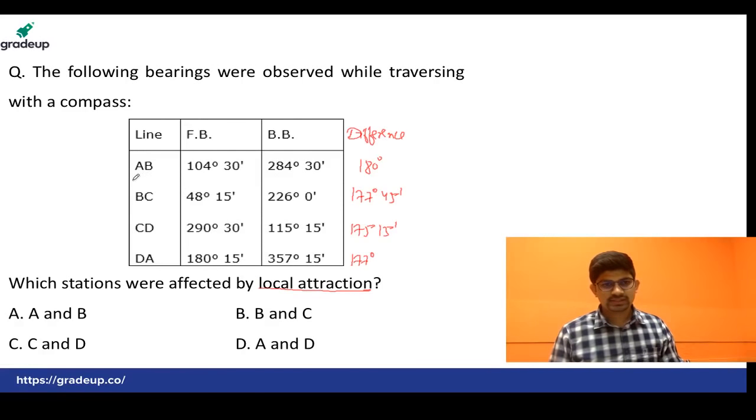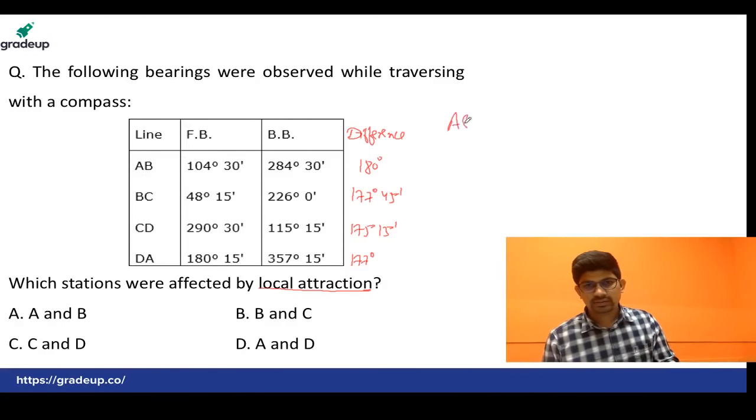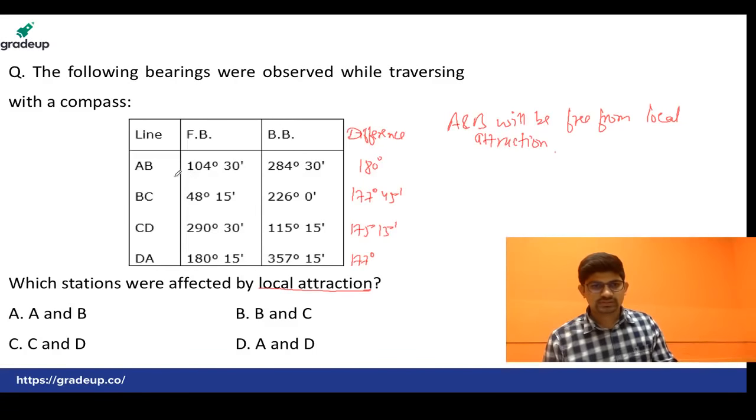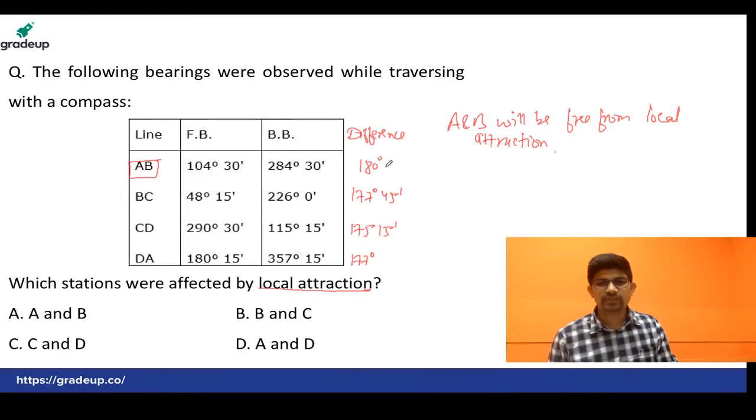So A and B will be free from local attraction, since for line AB the difference of back bearing and fore bearing is exactly 180 degree, and we have considered that the survey was correct with no instrumental error.